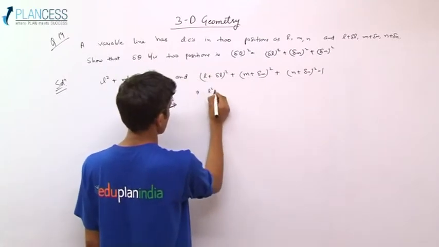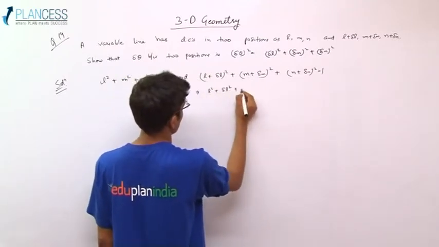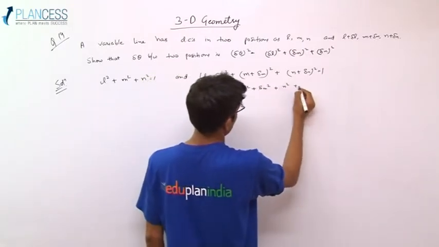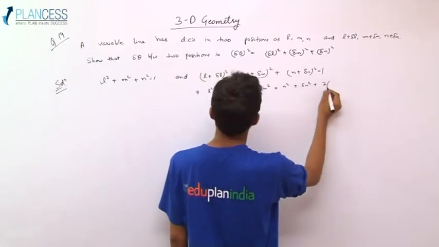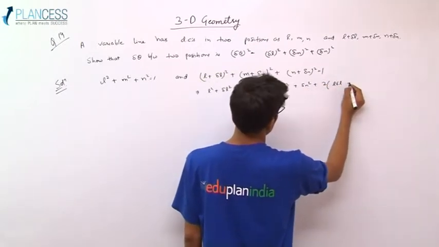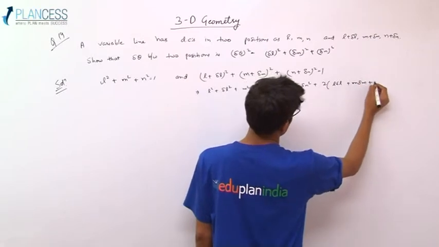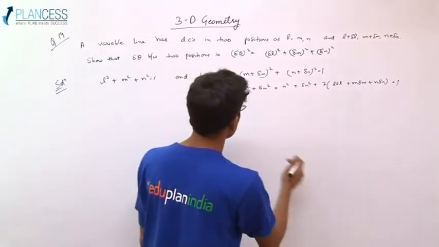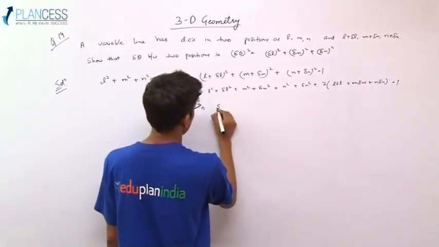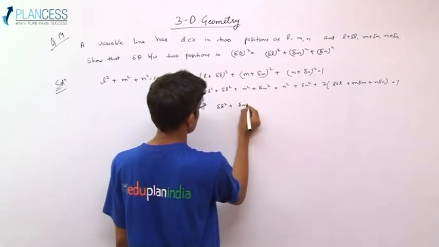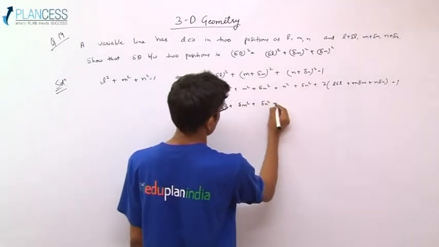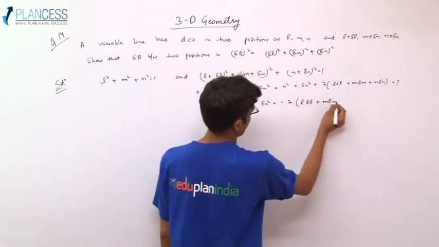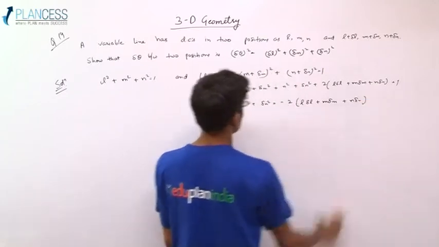So this gives l squared plus delta l squared plus m squared plus delta m squared plus n squared plus delta n squared plus twice (l delta l plus m delta m plus n delta n) is 1. Now l squared plus m squared plus n squared is 1, so 1 and 1 cancel. So we get delta l squared plus delta m squared plus delta n squared is minus 2 times (l delta l plus m delta m plus n delta n).